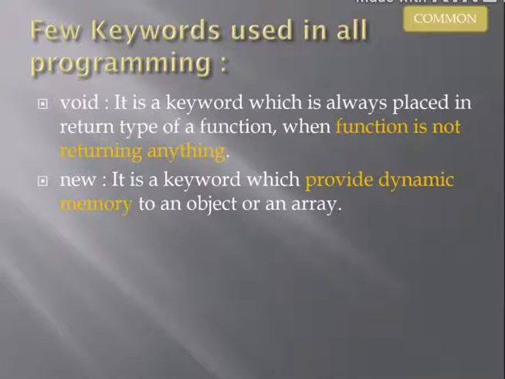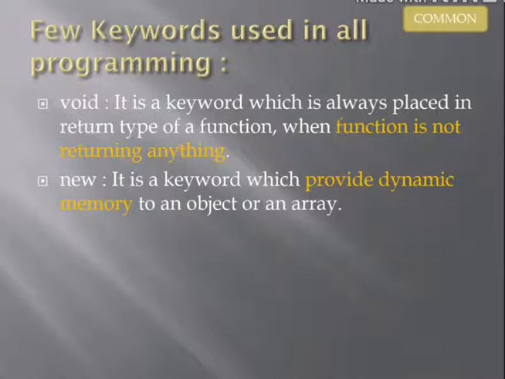I had already provided you a description of void when I created one video on that, where I told you about how we are going to create functions in BlueJ. In that, a brief description of void I had already provided.